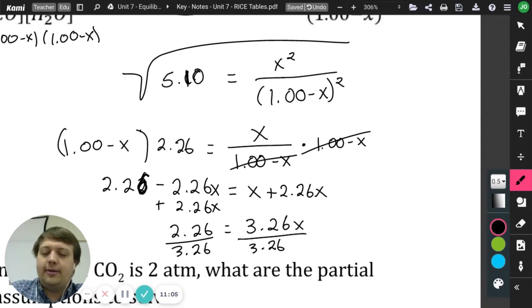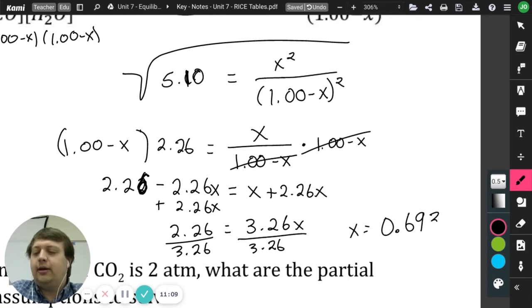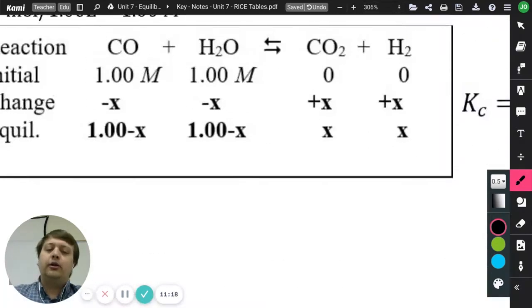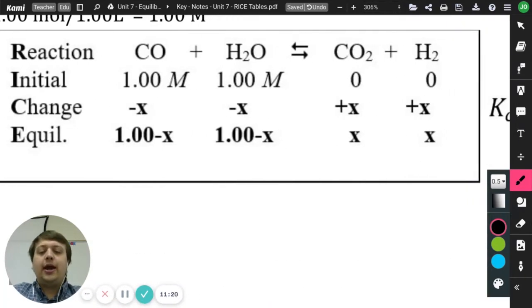And I'll find that my x equals 0.693. Okay, so now I've got my x value. So now all I do is I take that value and I come back over here to my equilibrium expression and plug in those final concentrations.